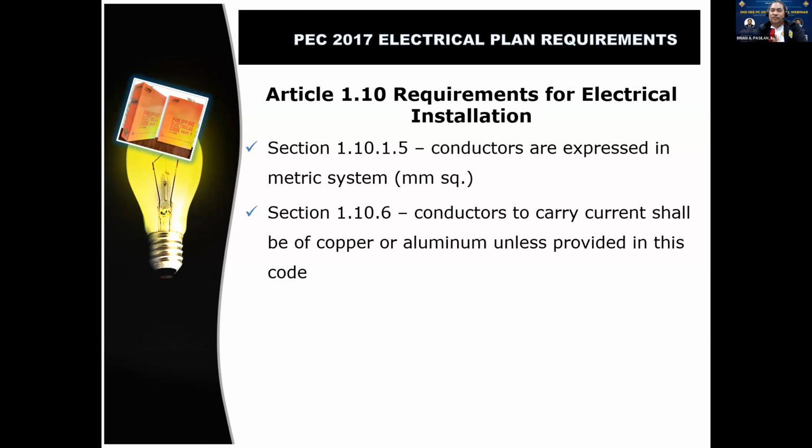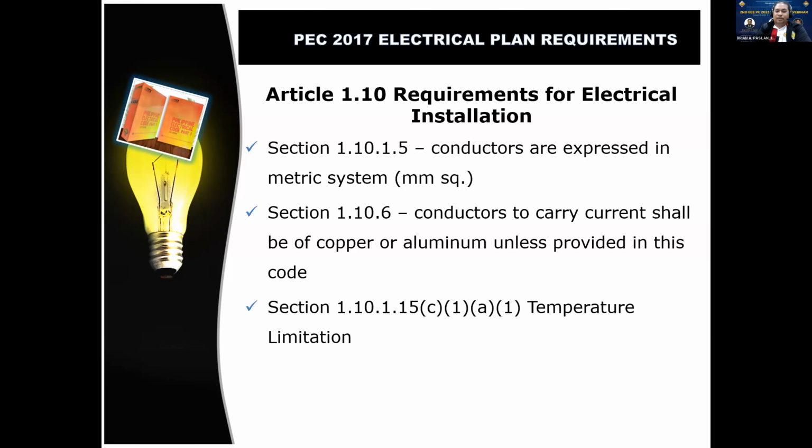Instead of AWG yung conductors natin, dito sa PEC natin, we are specifying na express natin in mm squared yung conductors natin. Okay? And then yung permitted lang na material for conductors is either copper or aluminum, no? So yun lang, wala tayong nakitang ibang type of conductors or conductor material.